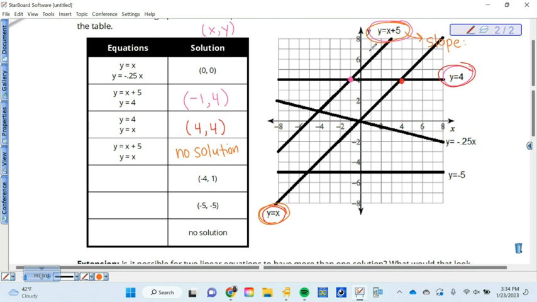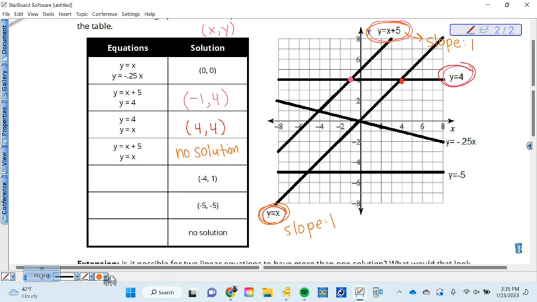Not 0. What is it, Damon? Yes, 1, right? There's an invisible 1 in front of that x. So the slope is 1. What is the slope of y equals x? It's also 1. So that tells you something. So parallel lines have the exact same slope. So if two equations have the same slope, there's no solutions because they're parallel.